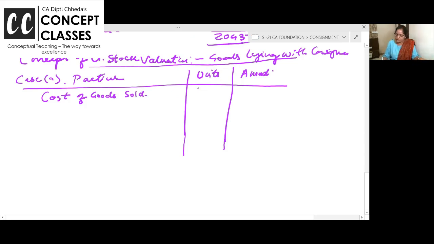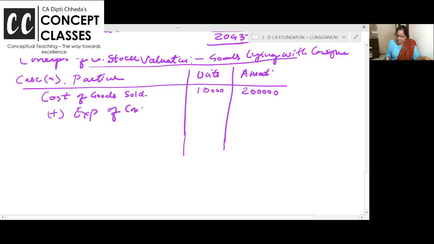Cost of the goods sold. 10,000 units at 20, 2 lakh. Are you all with me? I'm valuing the closing stock. 10,000 units are sold at a cost of 2 lakh. Excess incurred, forwarding expense.